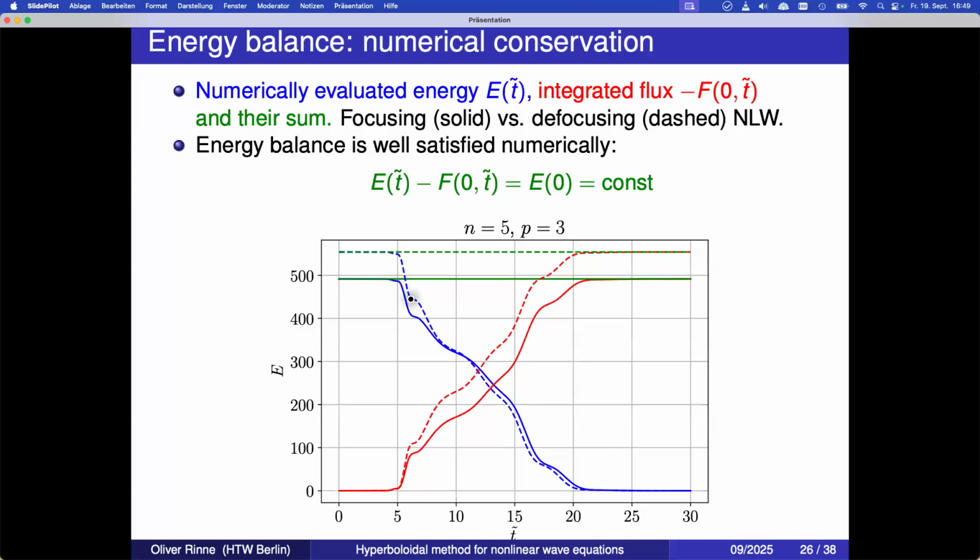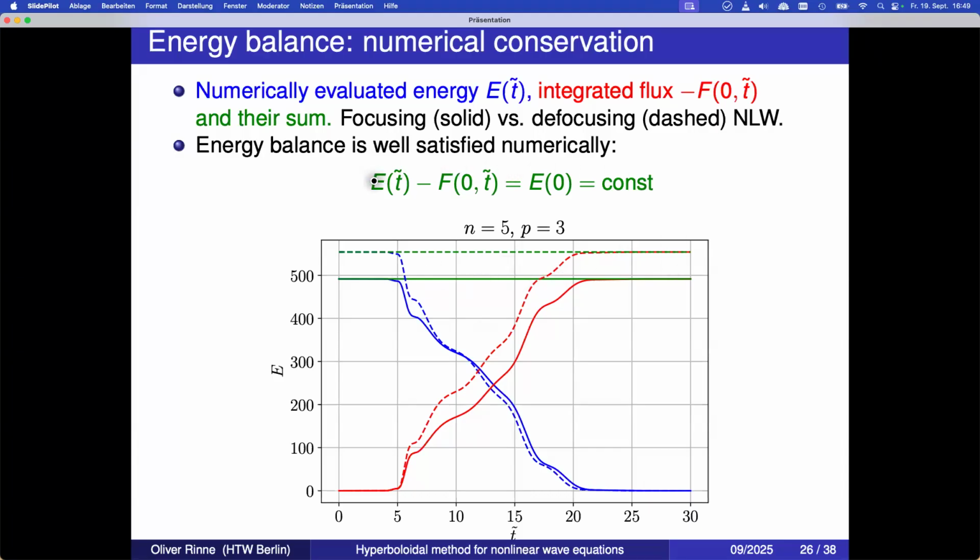As expected, the energy decreases as time goes on. Then we have the integrated flux, shown in red, which increases. And then I have the sum, computed numerically, so I just add the red and the blue curves, and I get this green curve for the two cases. You see this is nearly constant.